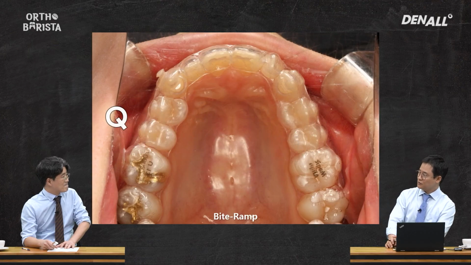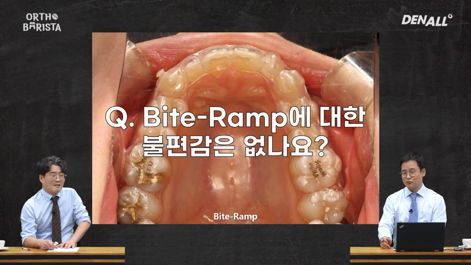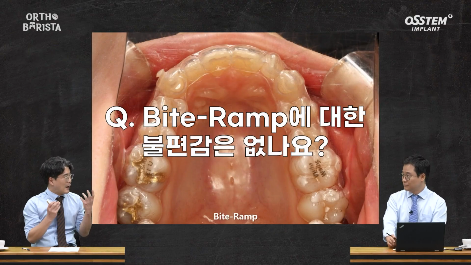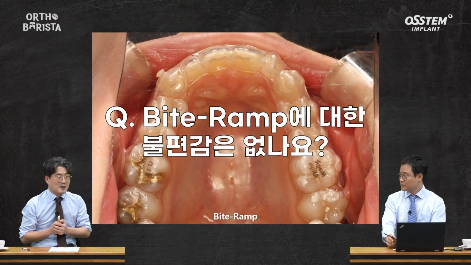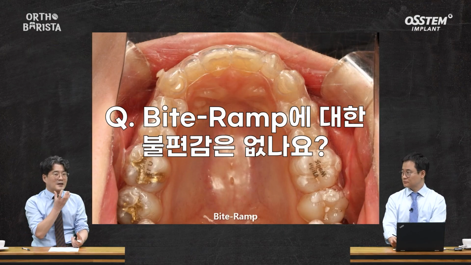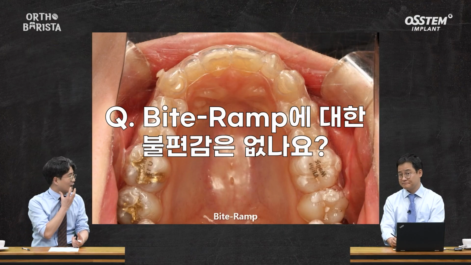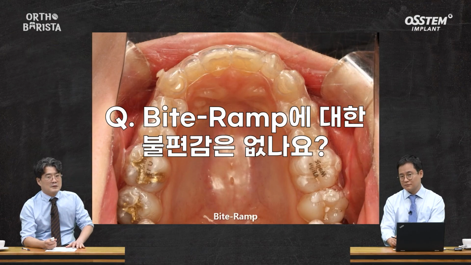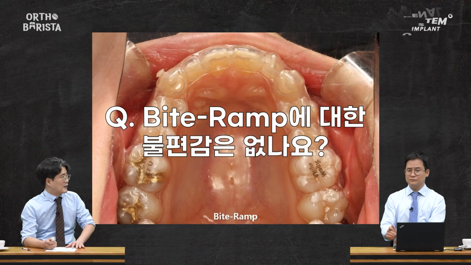Don't patients find them uncomfortable? They seem very uncomfortable to me. I think that some even don't notice them. If you think about ABP, you might think that they will be uncomfortable. But patients have already gotten accustomed to having aligners elevated a bit due to the wafers. So they don't have any particular issue with a bite ramp.